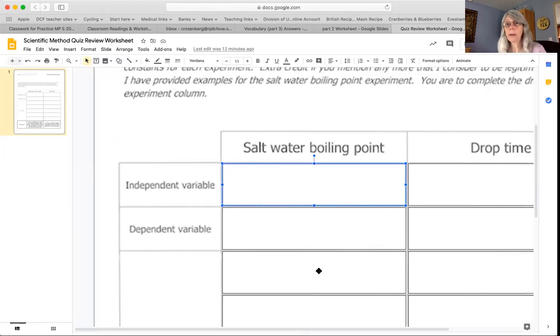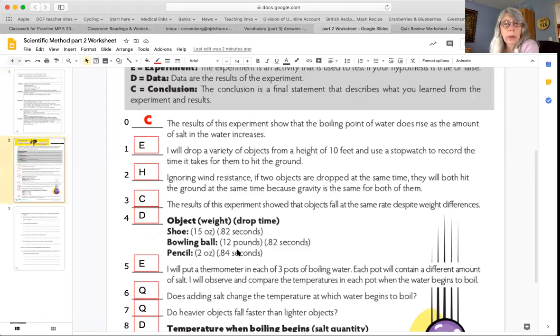That's up to me. That's my independent variable: the amount of salt in each pot of water. Okay. Whether I put in however many it was, how much was it?